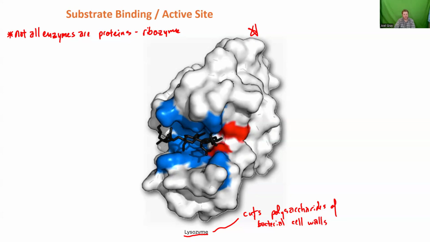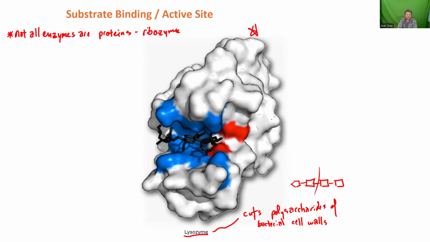So it takes these long polysaccharides. If I could draw a very crude one right here, there we go: square, square, square, square, square. And it breaks the glycosidic linkage between those. This whole molecule that's in white, red, and blue is an image of lysozyme.